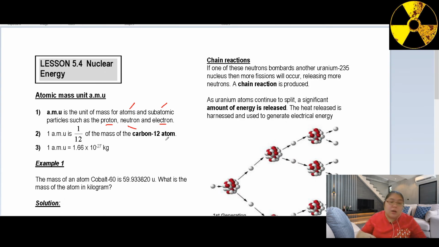After doing the calculation, we find it is 1.66 times 10 power negative 27. I think you don't need to memorize this one. The question will tell you the AMU for the certain subatomic particle.